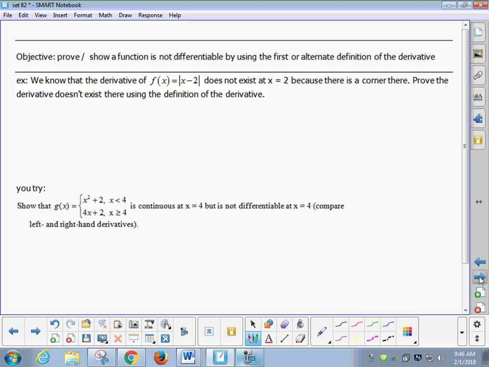So, if you would, jot down a little picture of ye old y equals x minus 2. This problem is easier to do, to prove that the derivative doesn't exist at 2, if you write it piecewise. Could you please tell me what is the absolute value written in a piecewise fashion?